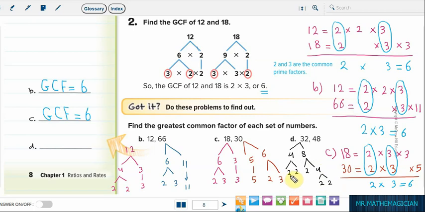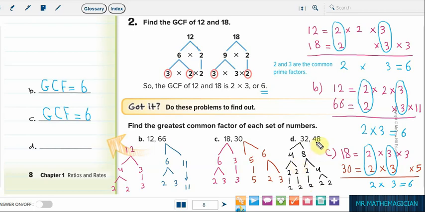So look at how many prime factors we have, 2 by 2 by 2 by 2 by 2, because this 2 will be dropped, and this 2 will be dropped, and this 2 will be dropped. So we have 2 by 2 by 2 by 2 by 2. This is for the number 32.